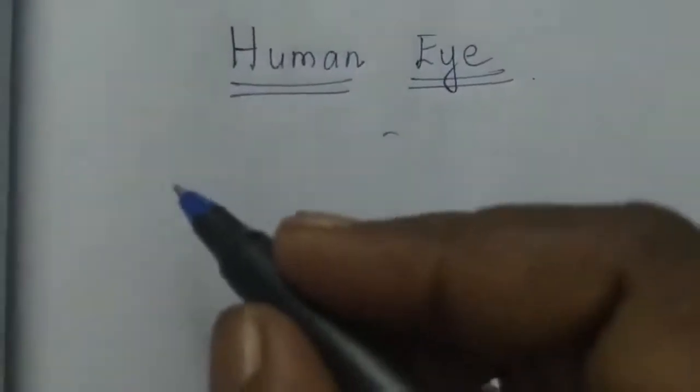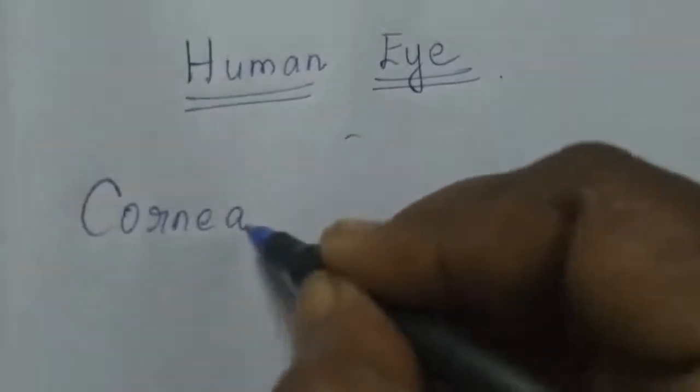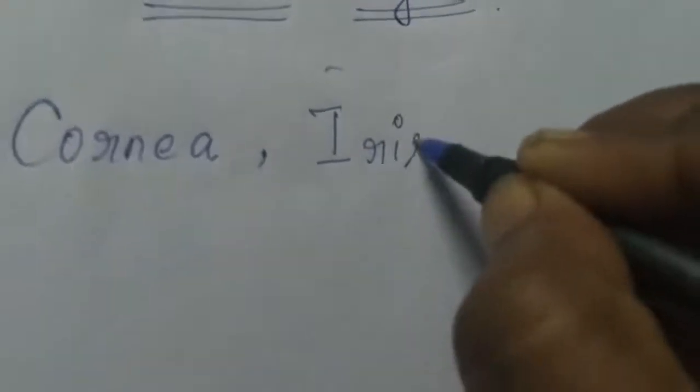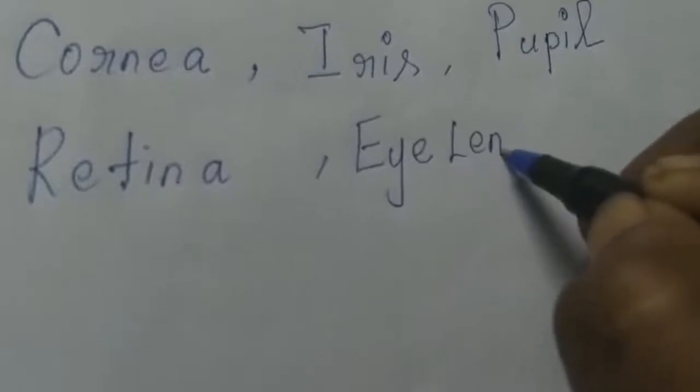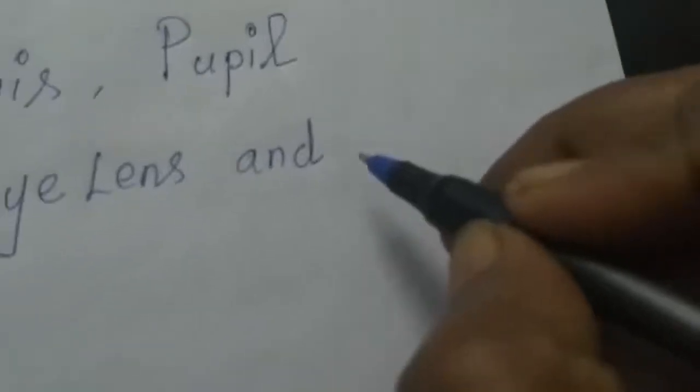There are 6 major parts: cornea, iris, pupil, retina, eye lens and ciliary muscle.